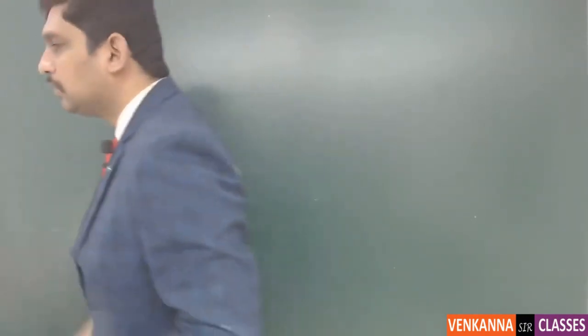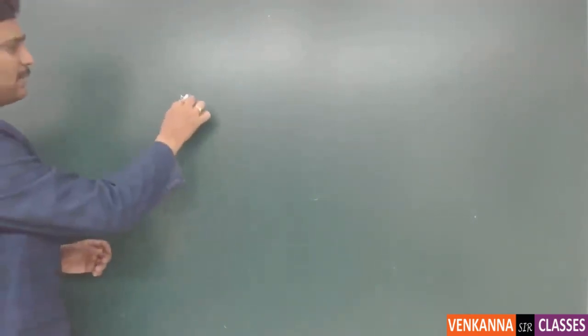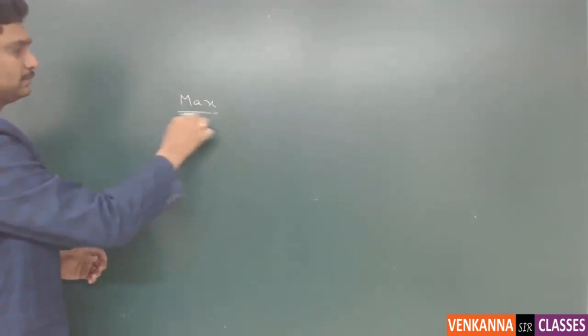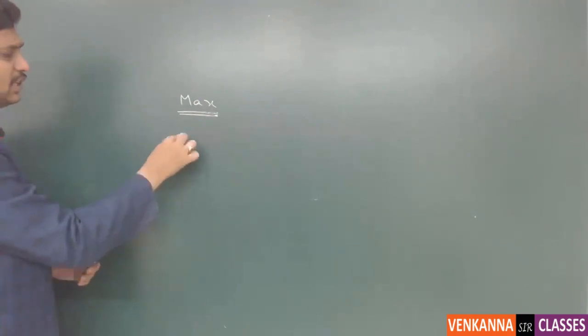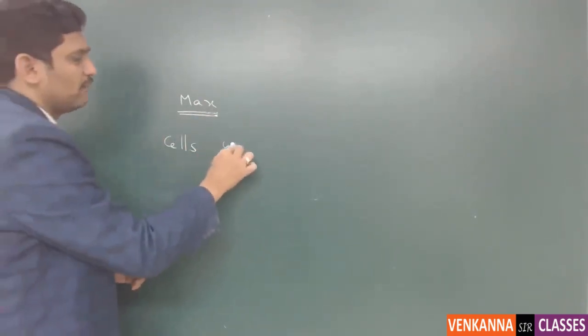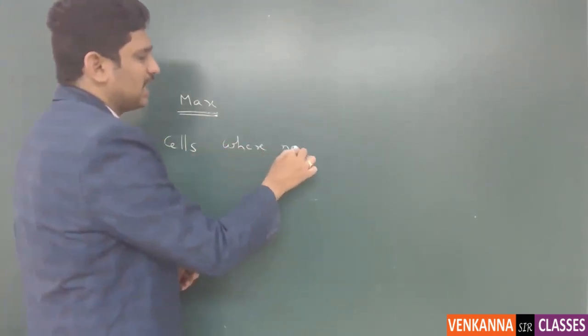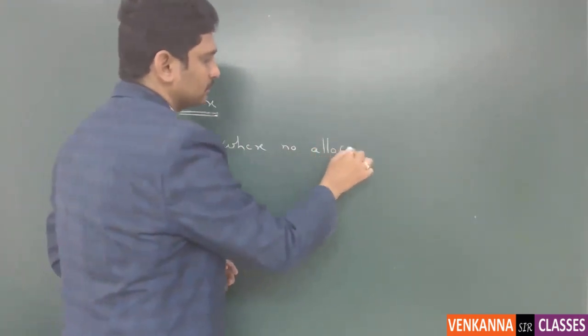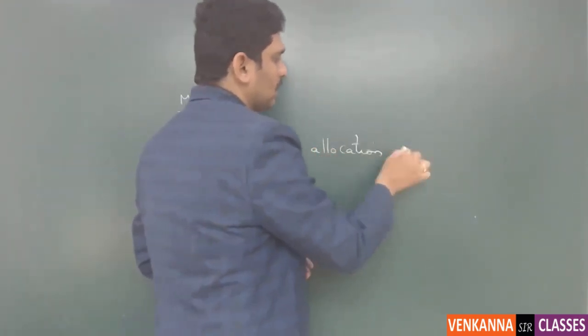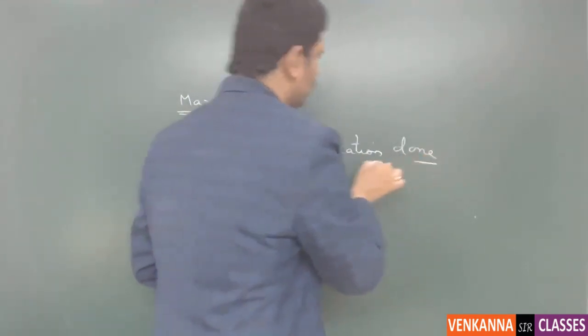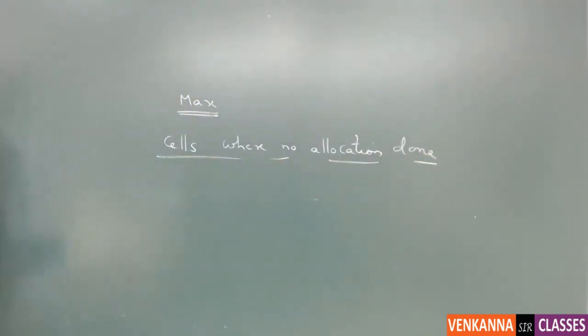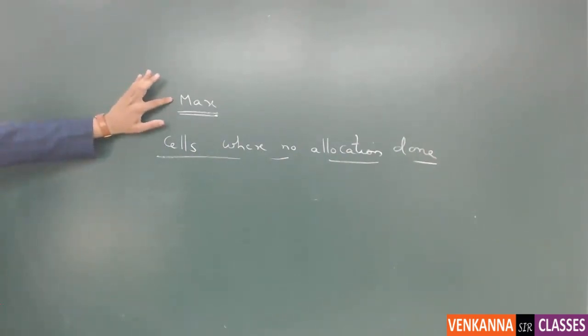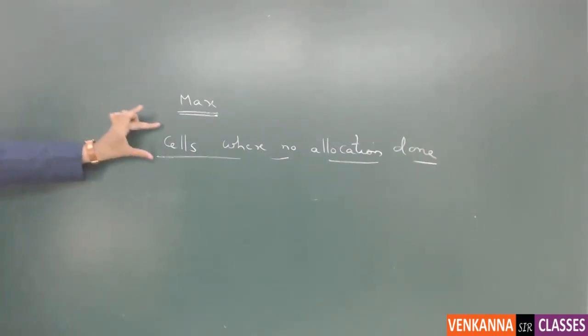Because the assignment problem is very simple to follow in procedure, I will give the description for the maximization case, and I will take a problem in which no allocation is done.